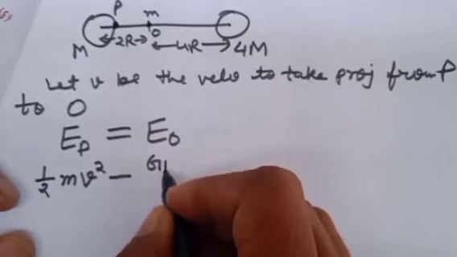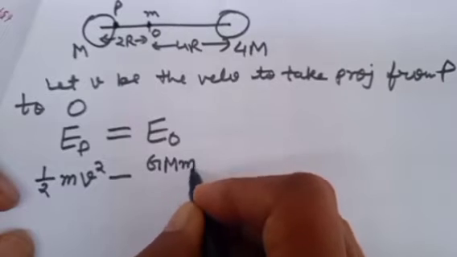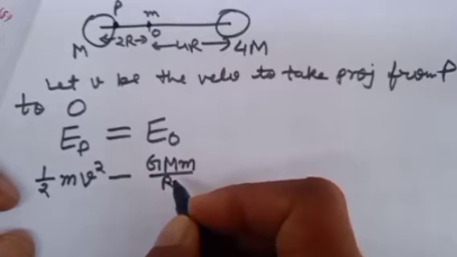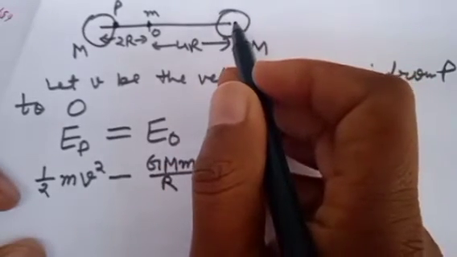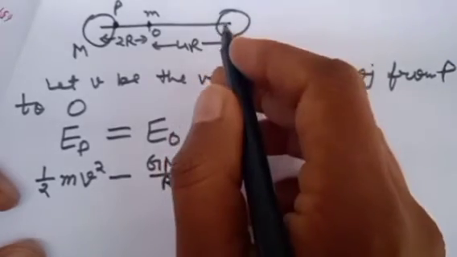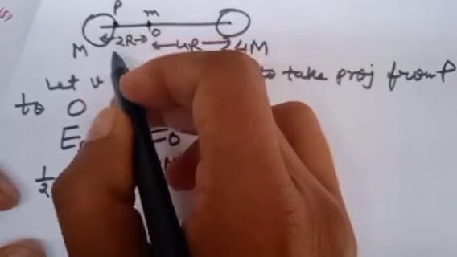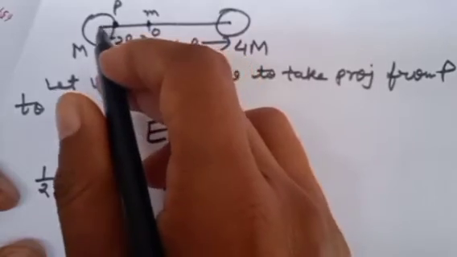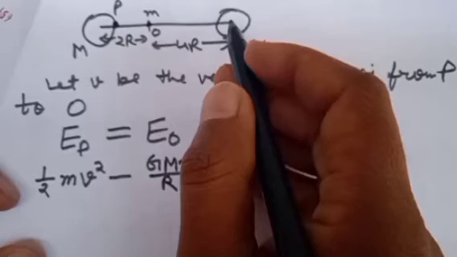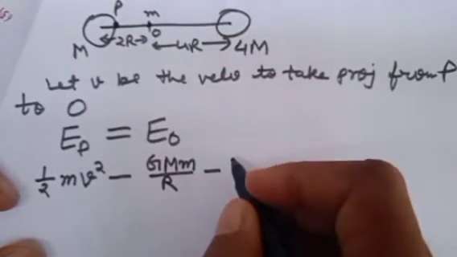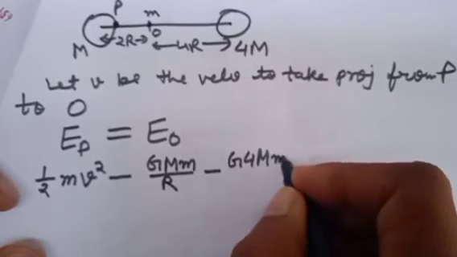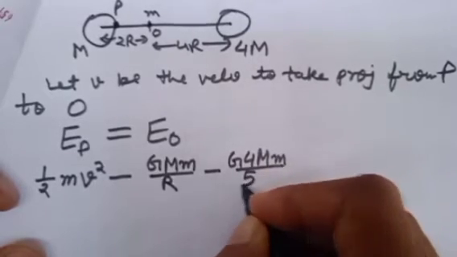GMm upon r, plus the potential energy due to this sphere, again minus. What is the distance from here to here? 5r, because the total distance is 6r. So G 4m m upon 5r.